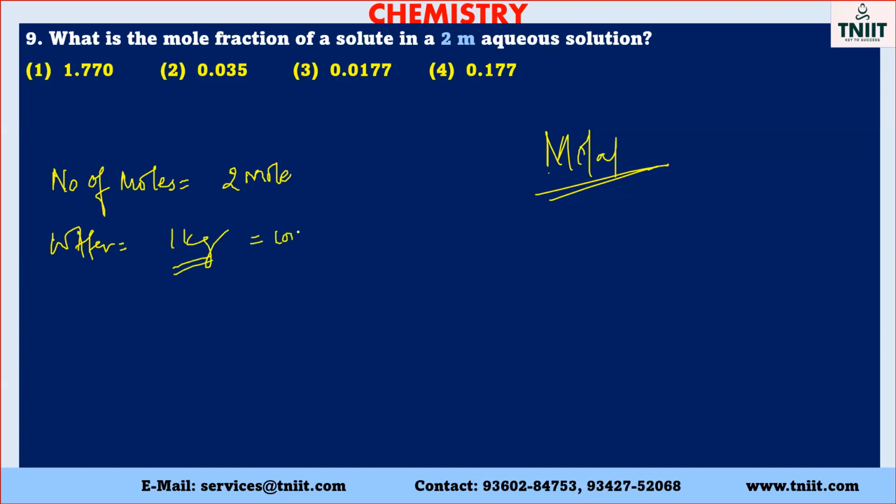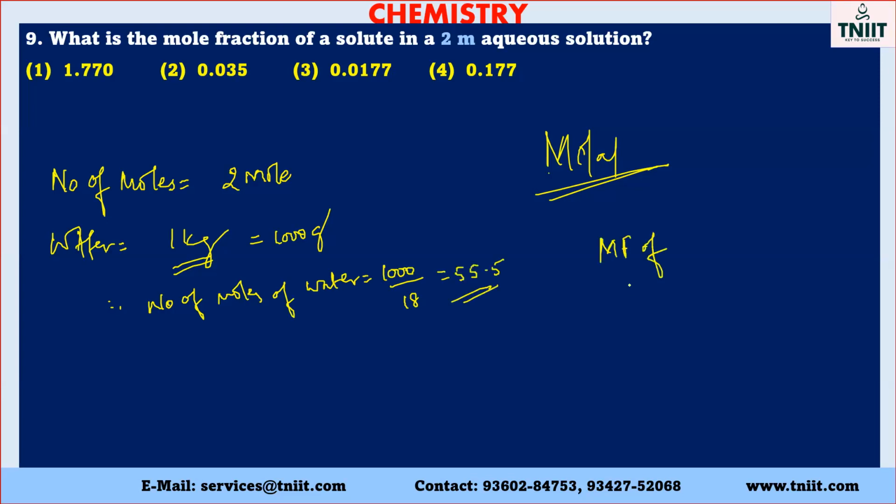1 kg is equal to 1000 grams. So therefore, the number of moles of water will be 1000 divided by 18. Molecular mass of water is 18. So it will be 55.5. Now, what is the mole fraction of the solute?